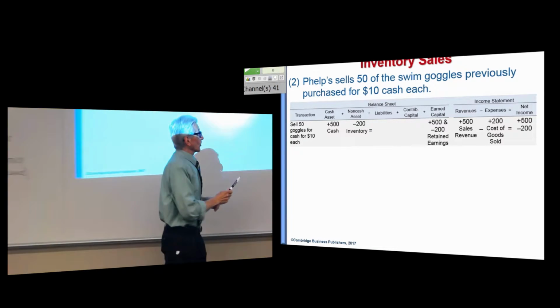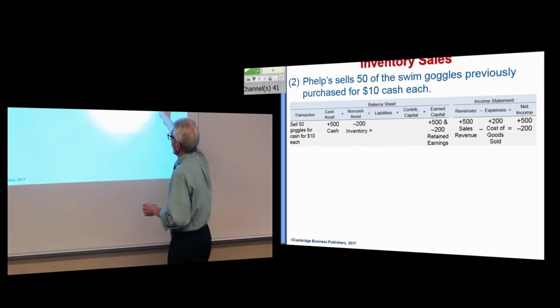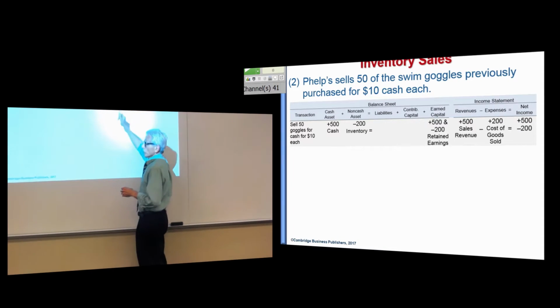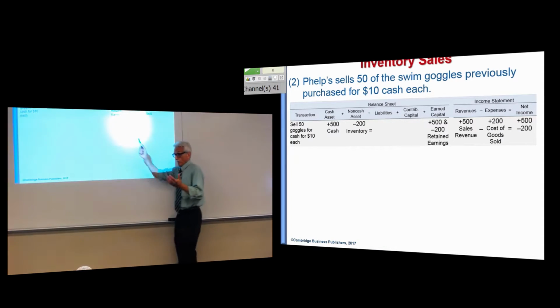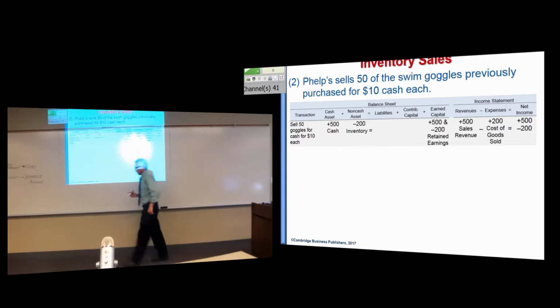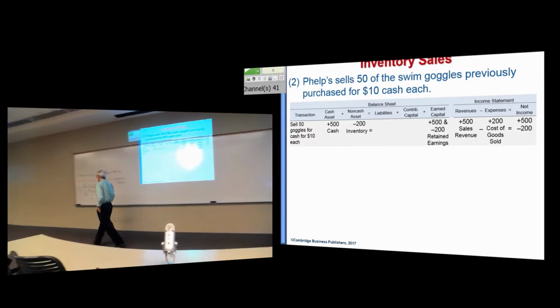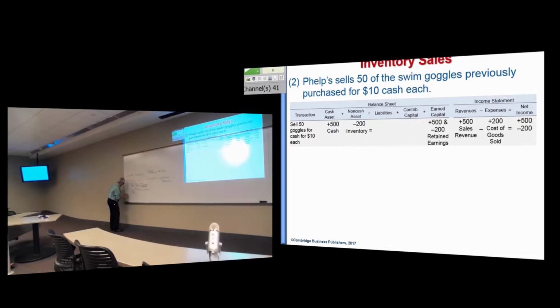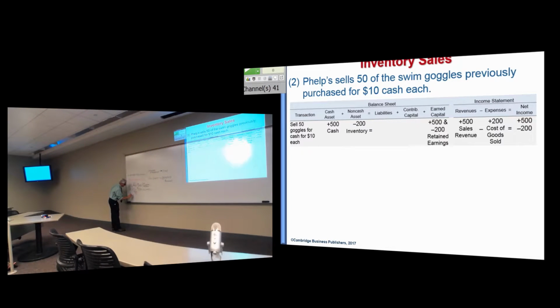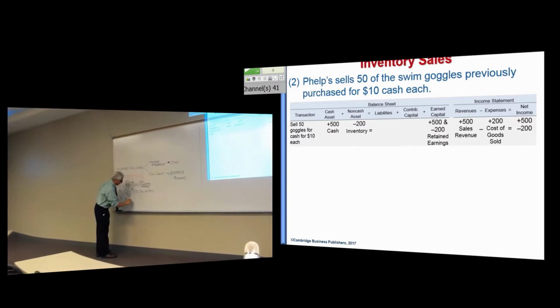You notice also that the sales revenue is going to increase your net income and, of course, increase retained earnings. What's my cost of goods sold on this? Cost of goods sold is 50 units at a cost of 4, so it's 200.